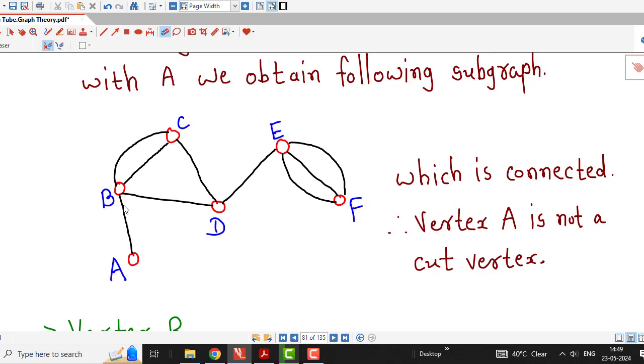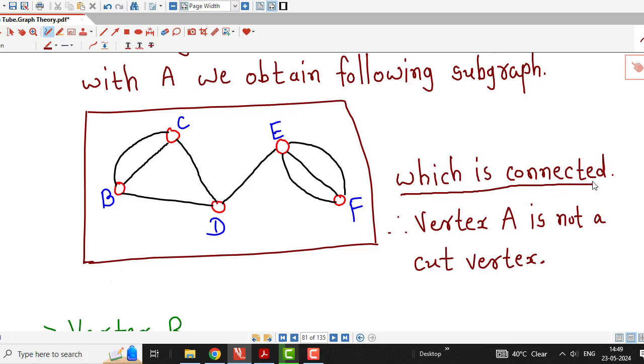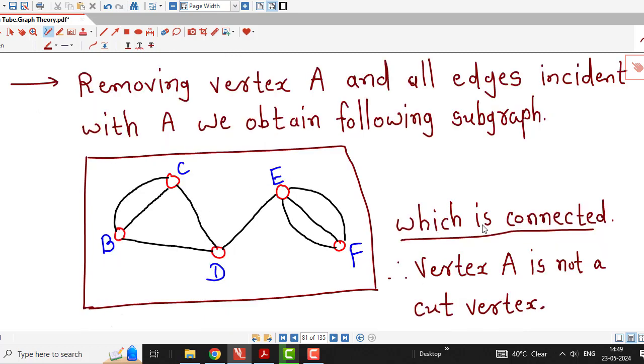There is only one edge incident with vertex A, so I remove that edge and vertex A. We can see that after removing vertex A, we obtain this subgraph, and this subgraph is clearly connected, and therefore A is not a cut vertex.